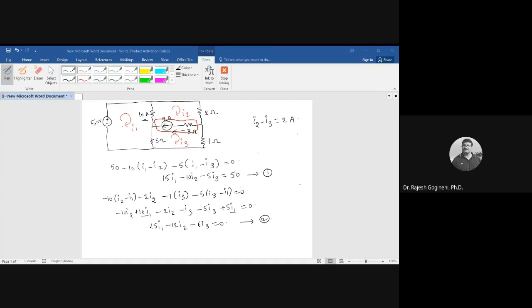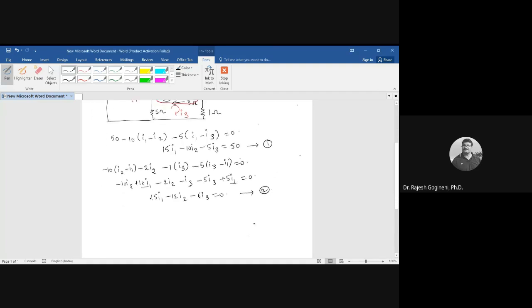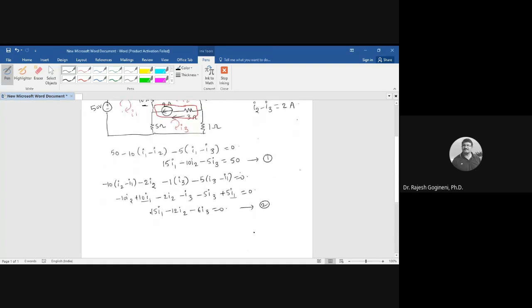Yes, right. Now you simplify using this equation I2 minus I3. So you convert it: I2 minus 2 is equal to I3. You write this equation everywhere. Wherever I3 is present, you can replace it with I2 minus 2.